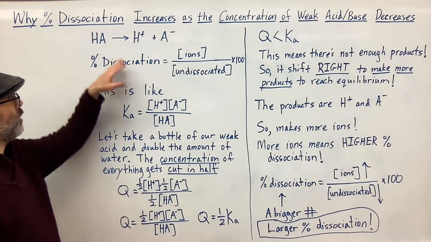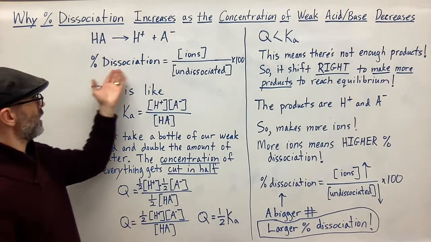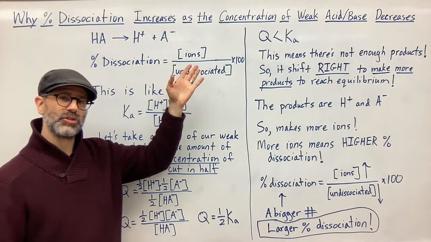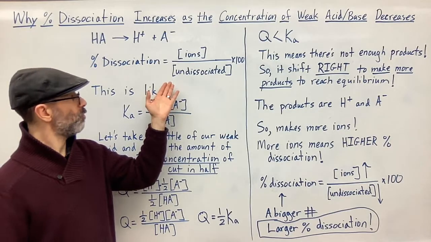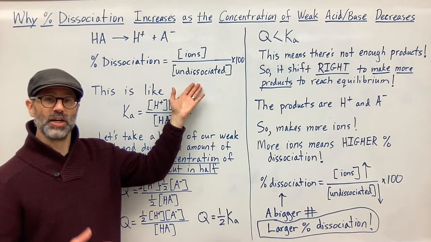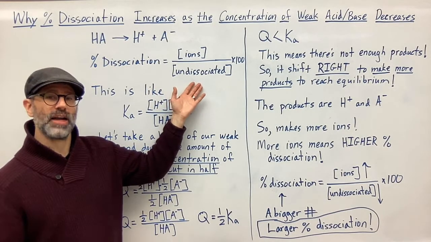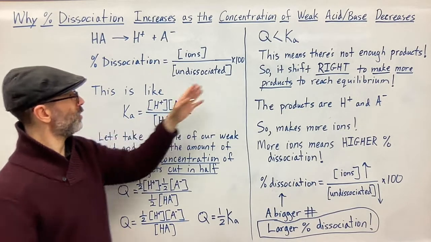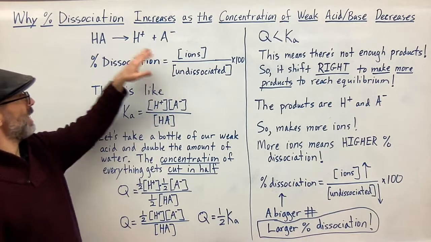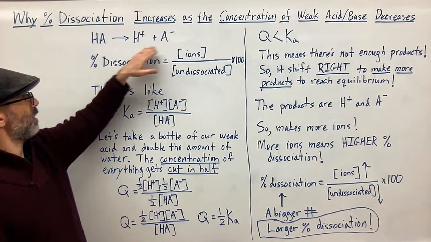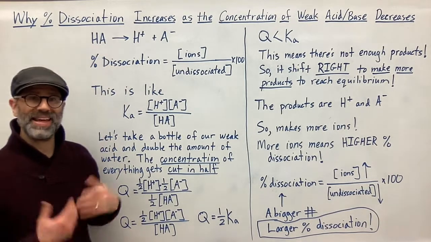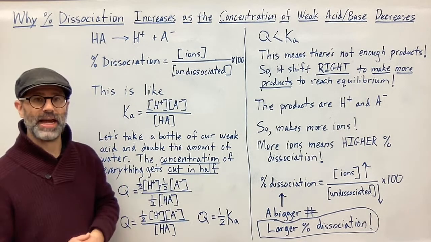So here's our equation. So therefore, the percent dissociation is going to be defined as the concentration of the ions over the concentration of the undissociated or unionized acid, the weak acid, multiplied by 100. And so in this case, the ions here are H plus and A minus, and the undissociated is your HA, the acid that is still intact.